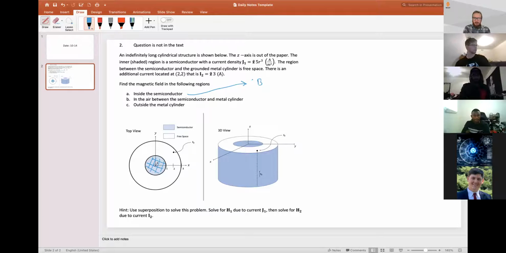So I guess we have two choices. One is the Biot-Savart, and two is Ampere. What do you think would be the best for inside of the semiconductor?